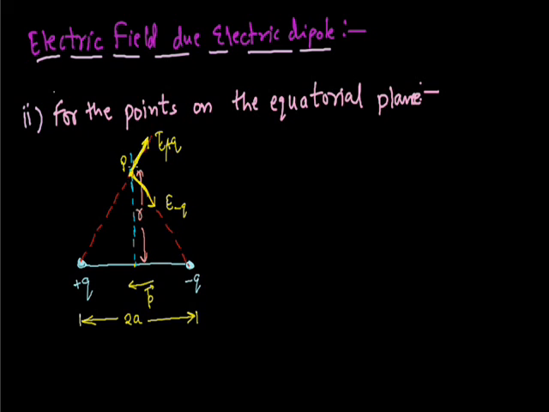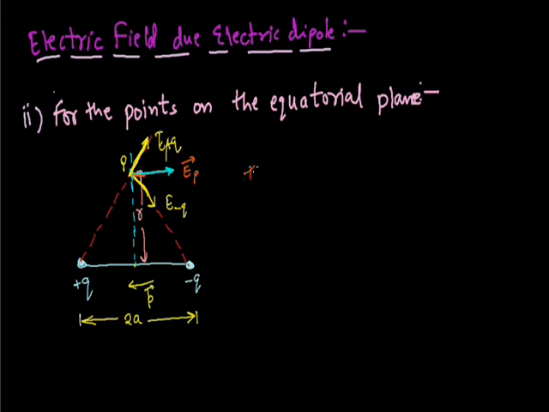So we have to find the resultant of these two. Because E plus q and E minus q are equal in magnitude, the resultant would be in the direction opposite to the direction of the dipole, and that will be given as E at point P.